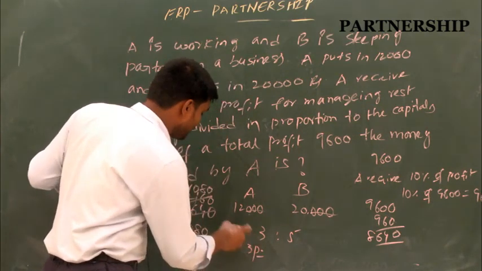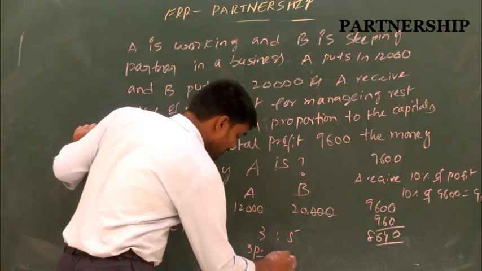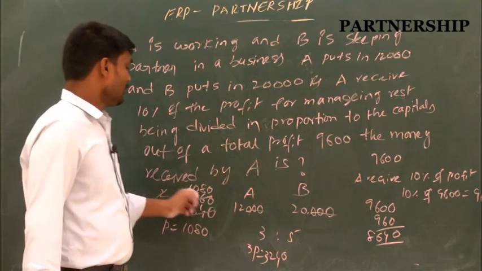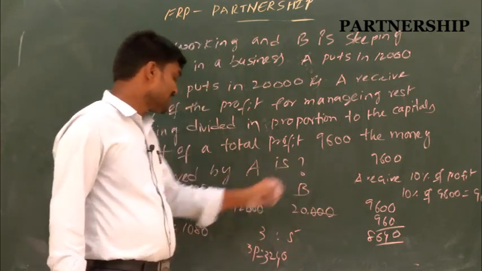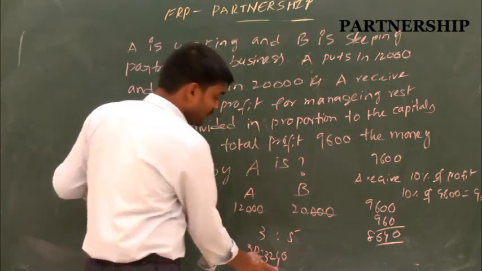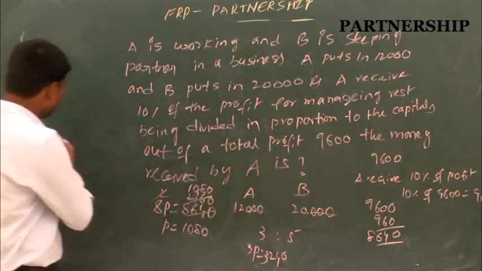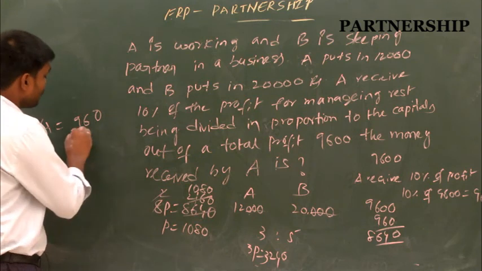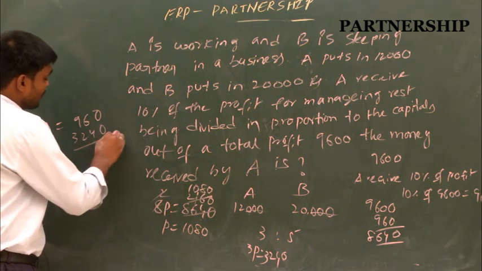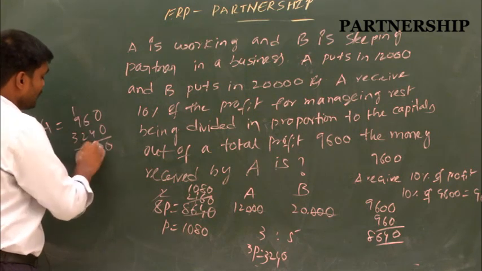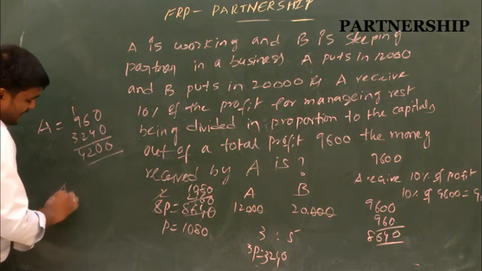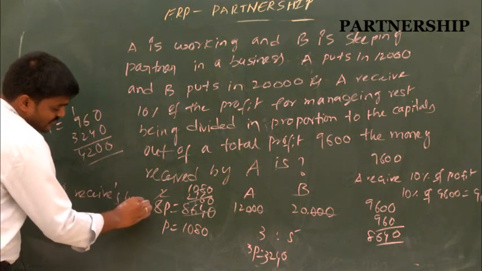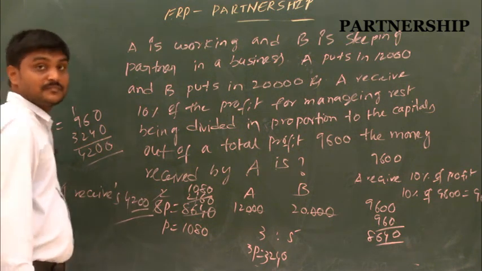A gets 3 parts, that is 3,240. So A receives 960 plus 3,240, so A receives 4,200.